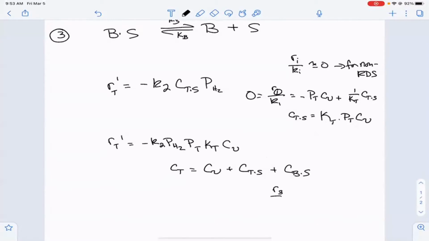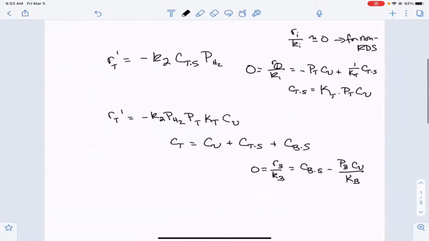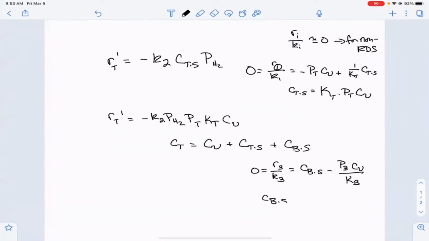So we know that R3 over K3 is also approximately equal to 0. And that's just equal to CB·S minus the pressure of B times the number of vacant sites divided by KB, or simply that CB·S equals PB times CV over KB.